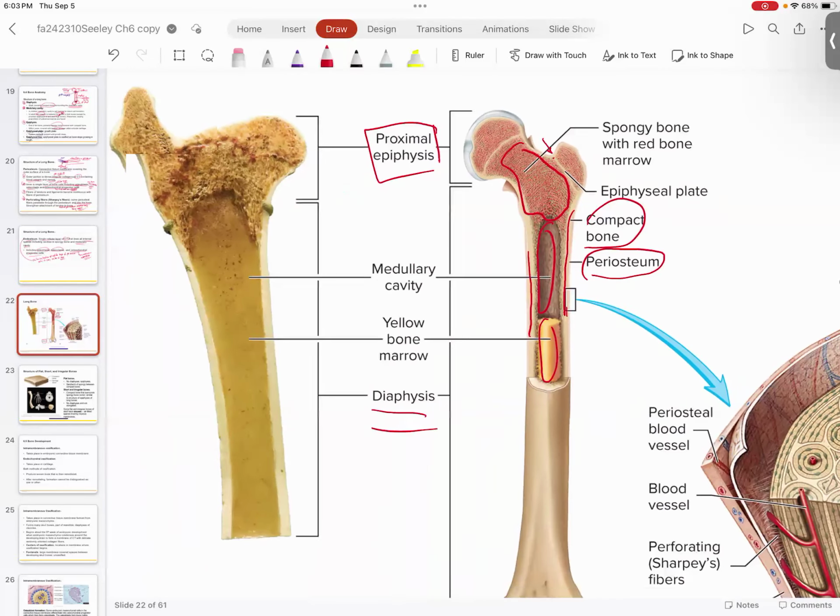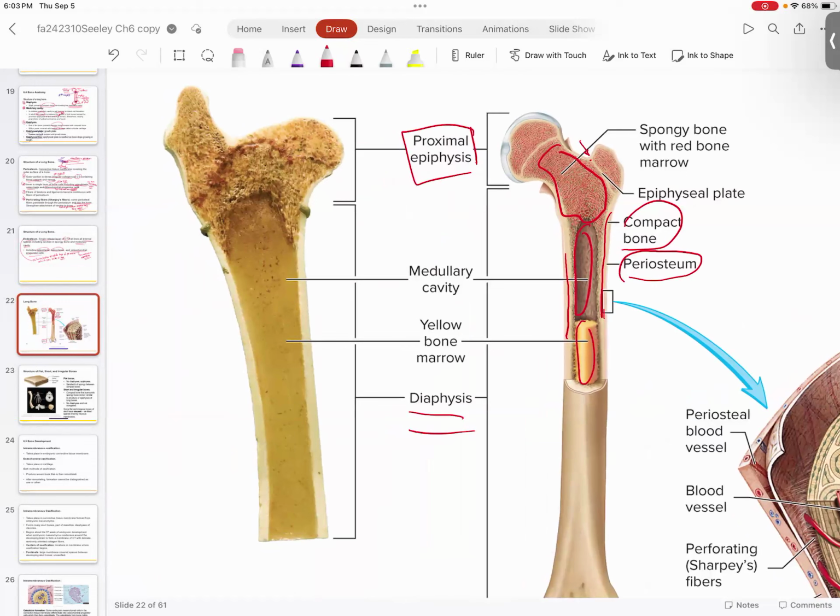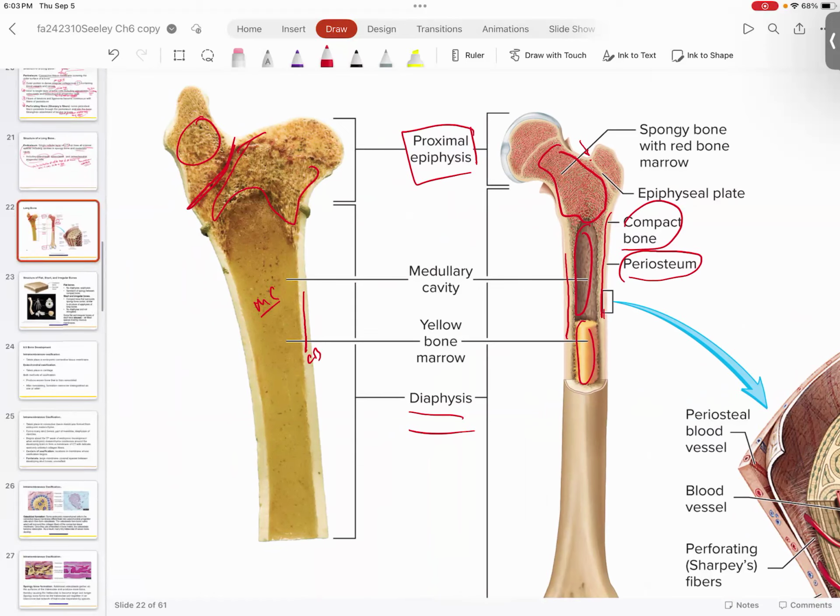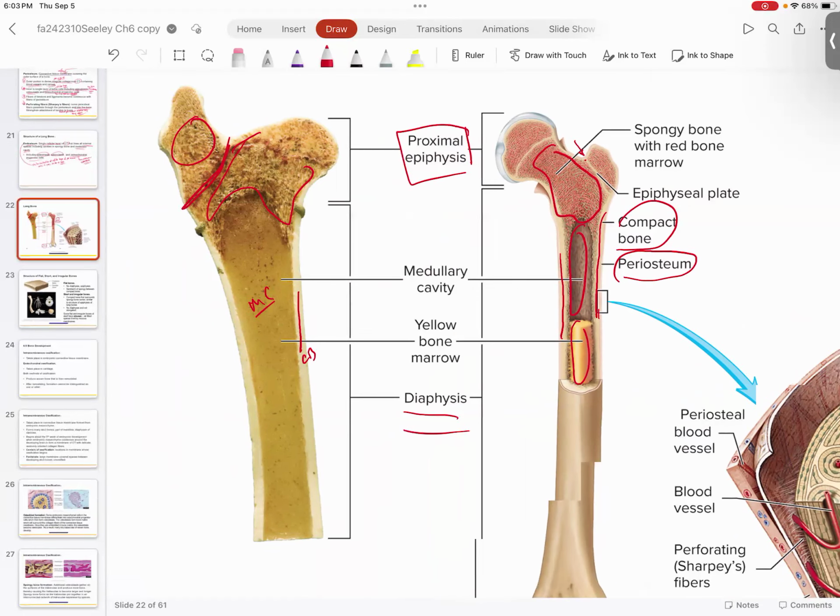So that's a cartoon of it. This is kind of what it really looks like. So here's your spongy bone up here. This is that epiphyseal line, and this is your other spongy bone region. This is your medullary cavity, your nice compact bone on the outside, but it's pretty much all open with the exception of yellow marrow inside the diaphysis.